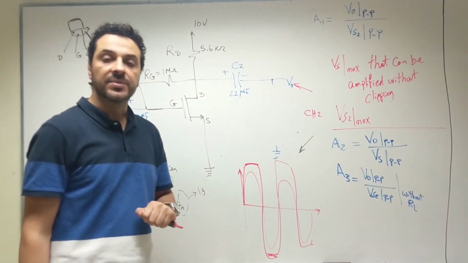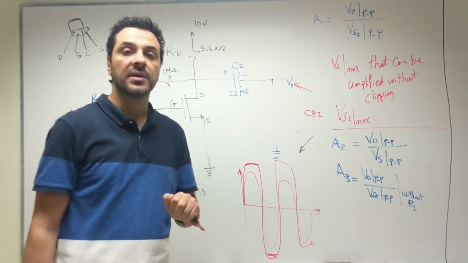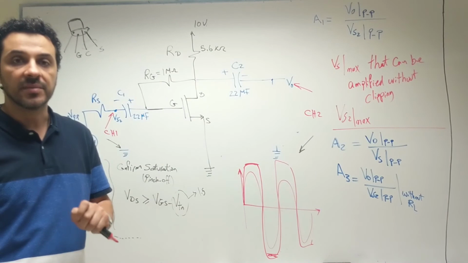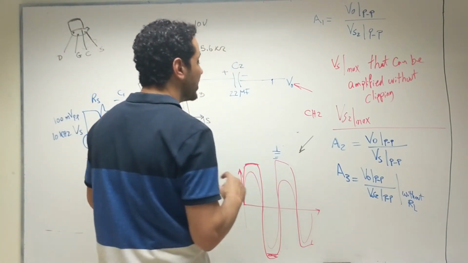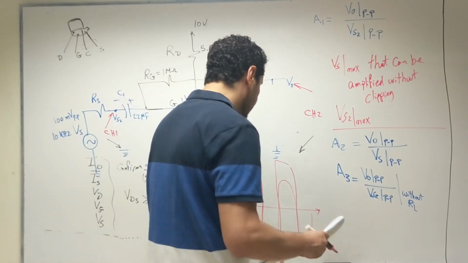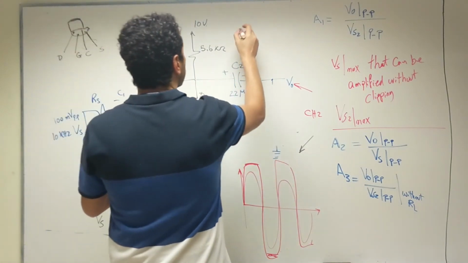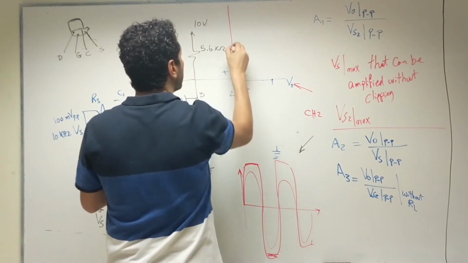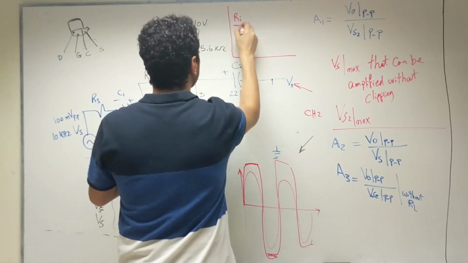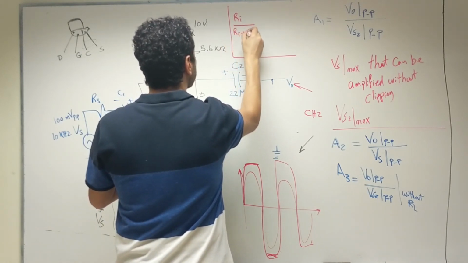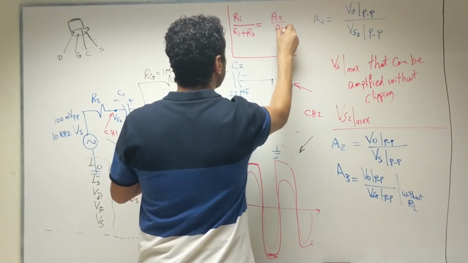Similar to the previous experiment, we can use these three gains in order to calculate the input impedance of the amplifier and the output impedance of the amplifier. And we can use the following equations in order to calculate these impedances. The first equation is R input over R input plus RS equals A2 over A1.